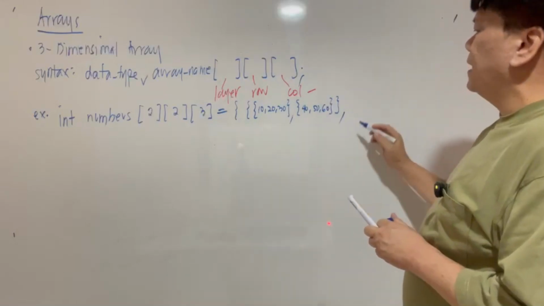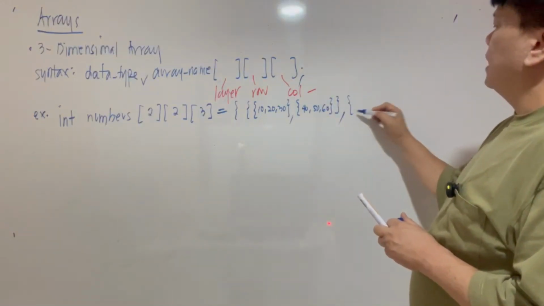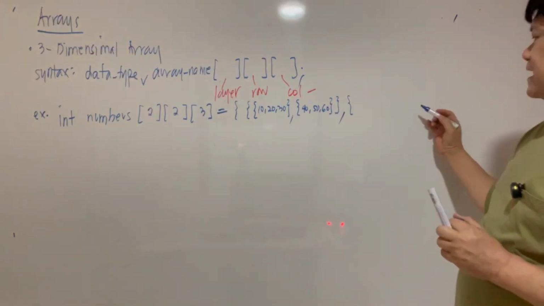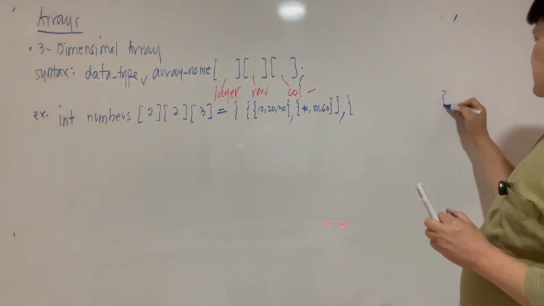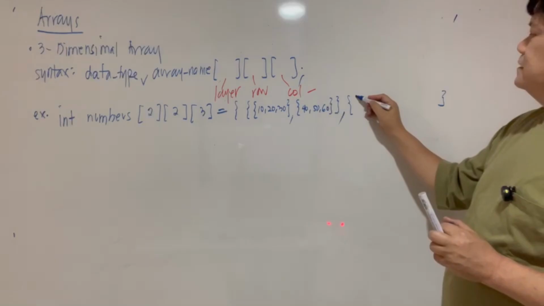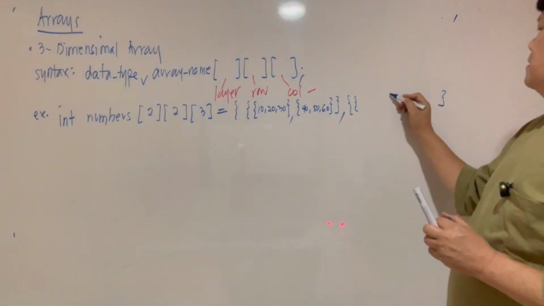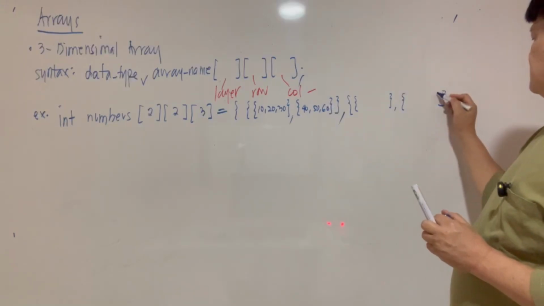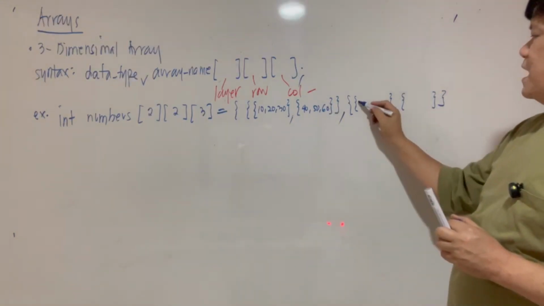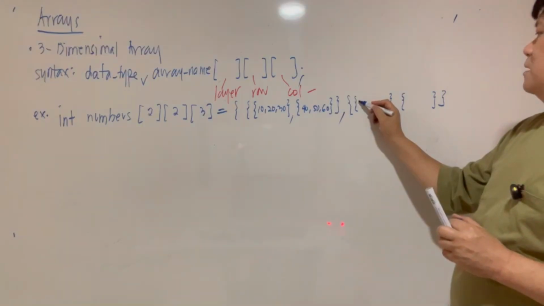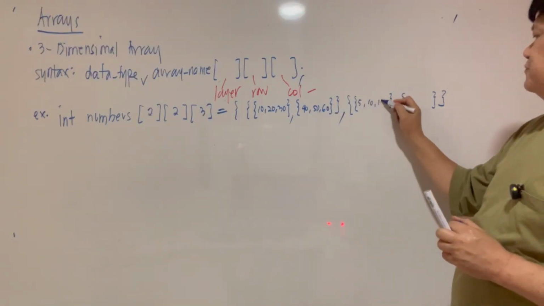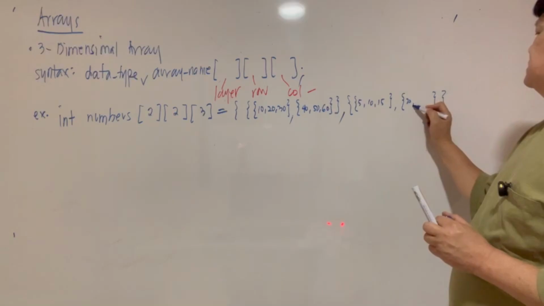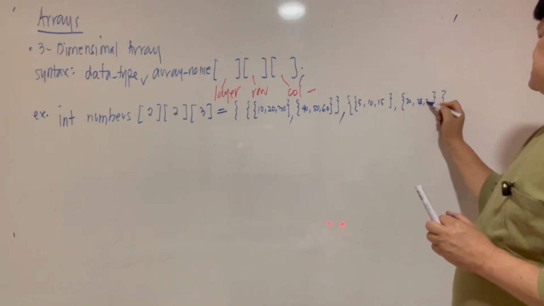Then you put the comma, another one, for the second layer, and then we have 2 rows. Supposing we have here 5, 10, 15, 20, 25, 30.